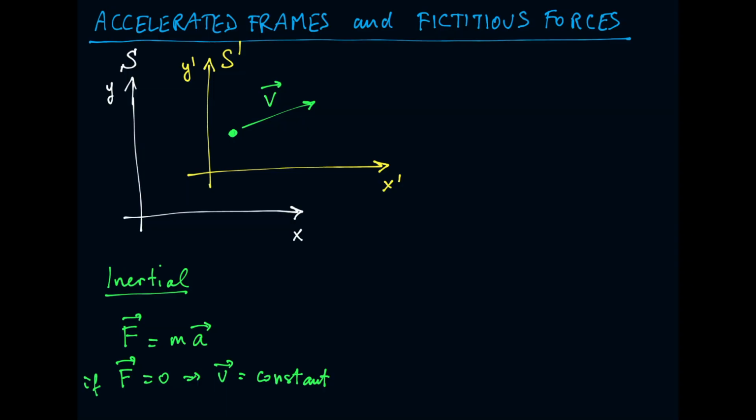Obviously, the two observers would disagree on the values of the coordinates, for example. This one sees point P at xp and yp, whereas an observer in the second frame sees it as x prime p and y prime p, and they disagree on the value of those coordinates.